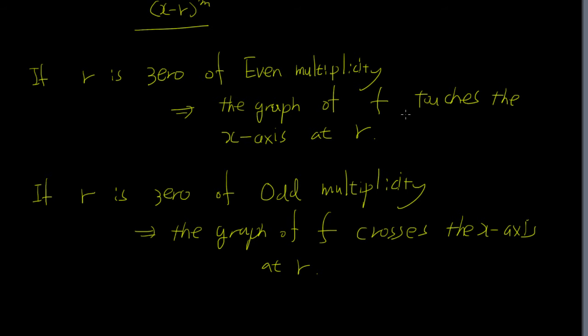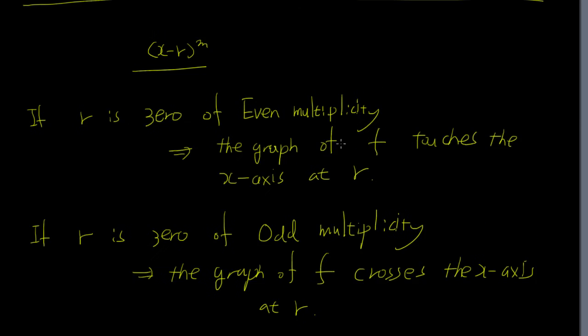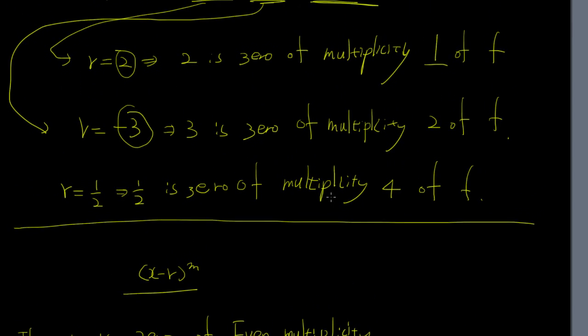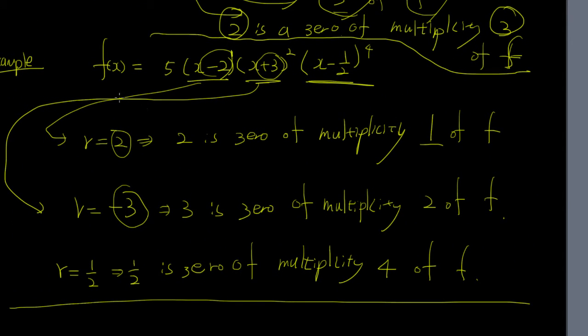Well, they're talking about this. In the previous example we had 2 as a zero, 3 as a zero, and we also have 1/2 and negative 3. Oh, I forgot the negative, sorry about this. This should be negative 3.